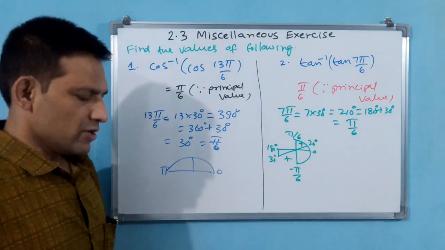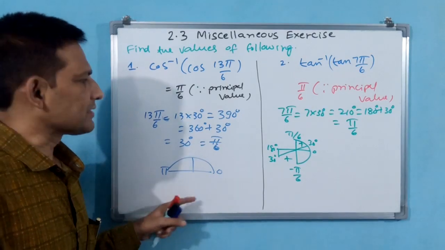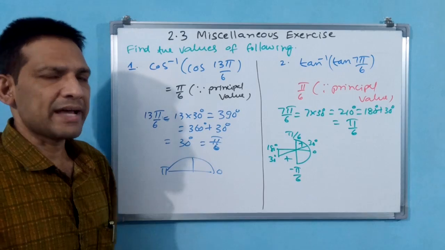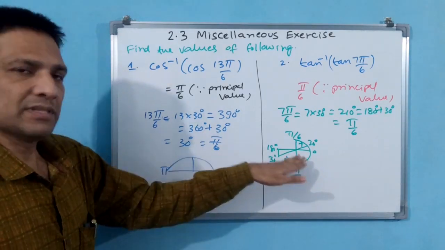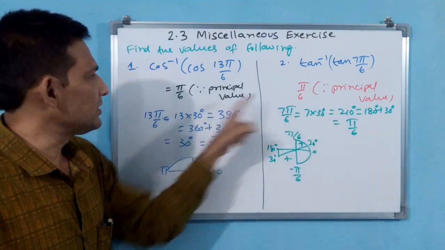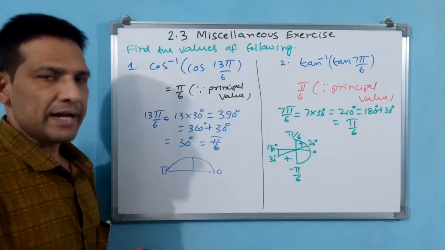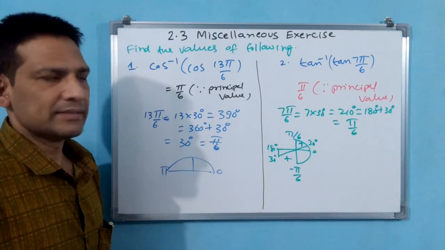This will be your principal value circle diagram. This is the principal value circle diagram for cos. This is for tan. Okay, you understand now? Pi by 6, pi by 6 are the answers for these two questions. Okay. See, without these circle diagrams also, all this calculation earlier I made in my brain only. Like that you have to do and write. This is not a big thing. Okay. By practice you are going to get it.